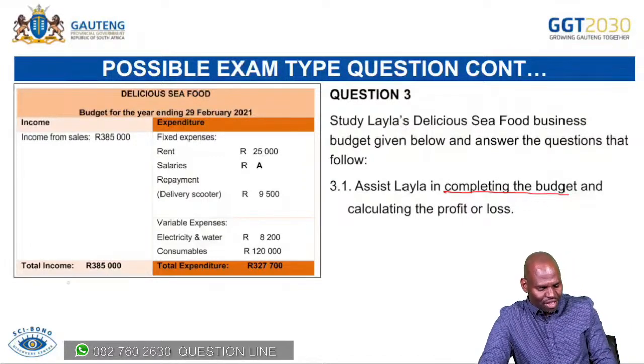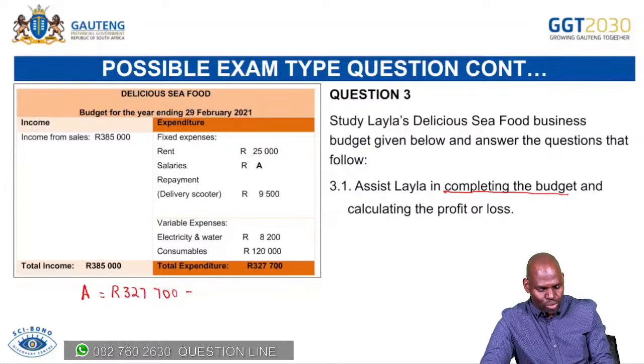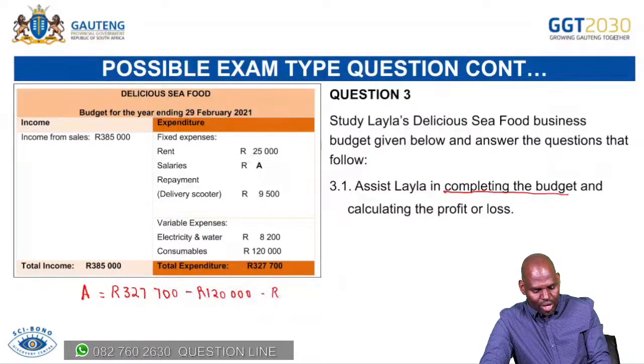So to find the value of A, we say 327,700, and then we subtract all the other values. We can start from the bottom. We subtract 120,000, then 8,200, then 9,500, then 25,000.